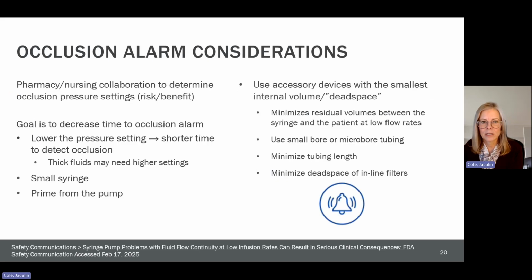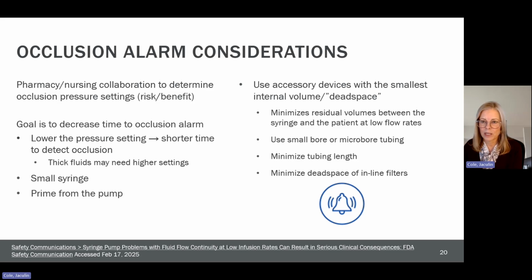So let's take a couple of minutes here to consider occlusion alarms. Often upon configuration of smart pump drug libraries, pharmacists question which settings to use for occlusion pressure detection. This is a good area for pharmacy nursing collaboration, weighing the risk and benefit of frequent alarms versus interruption of flow when deciding on those pressure settings.